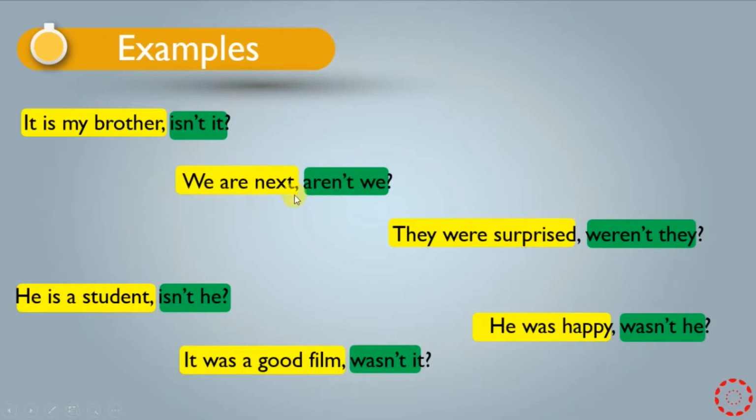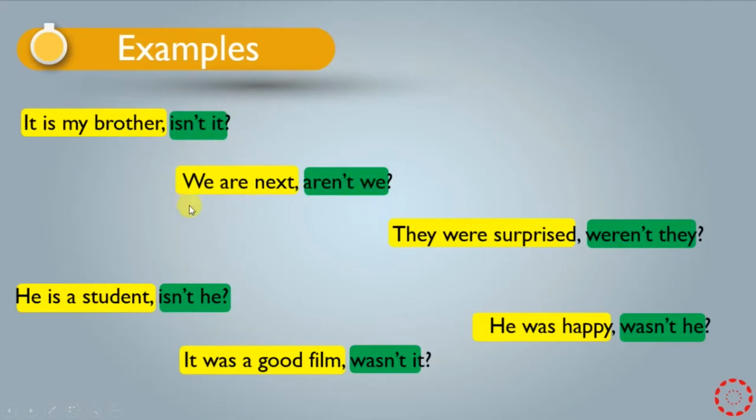After the statement, we have a comma. After the comma, we will look at the verb to be. Now we have are, which is positive, and I'm going to change it to aren't. As I showed you, are became what? Aren't. Or I will just add not to it. After the aren't, I will rewrite the subject, which is we. So it became: we are next, aren't we?